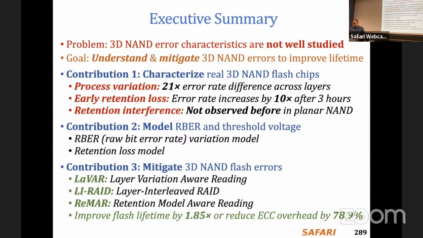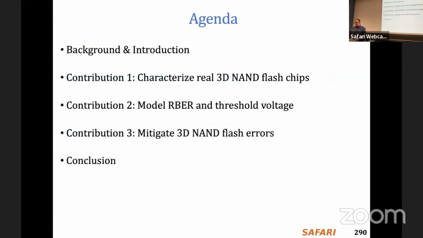And overall, we improve flash lifetime by 1.85 times or reduce ECC overhead by 78.9%. So you can get much longer lifetime if you use the same ECC correction, but you can also reduce ECC overhead by 78.9%, and then you can get the same lifetime. And that's very interesting to look into this trade-off all the time.